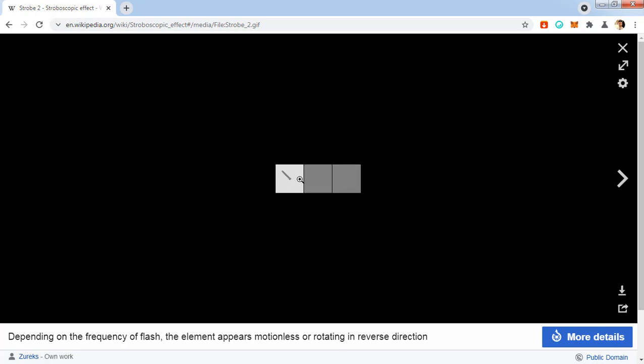So, kung mapapansin nyo, yung pointer nung clock, umiikot siya. Then, every time na nagpa-flash, yung kulay gray, mapapansin mo, para siyang nawawala and then bumabalik.